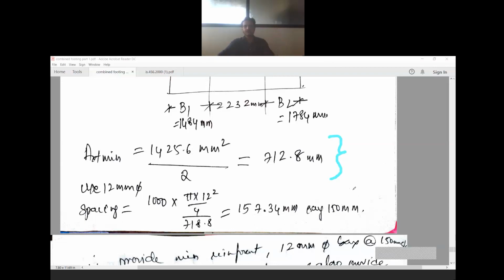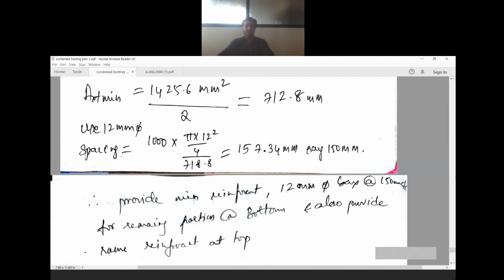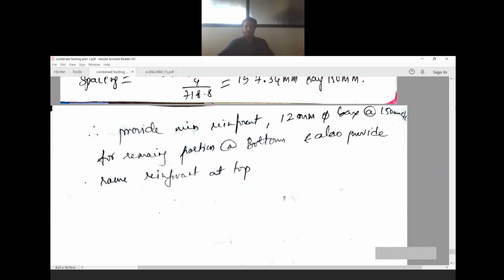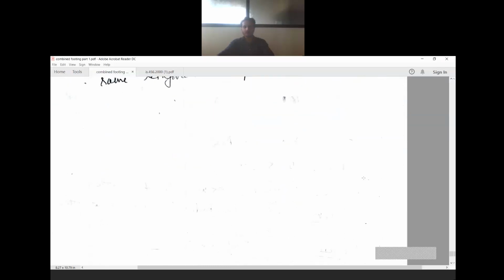So 712.8 mm square is the value of AST. For this AST, I will calculate the spacing. Again, I will use 12 mm diameter. So the spacing is 150 mm. Therefore, provide minimum reinforcement of 12 mm dia bars at 150 mm center to center for the remaining portion at bottom, and also provide the same reinforcement at top.